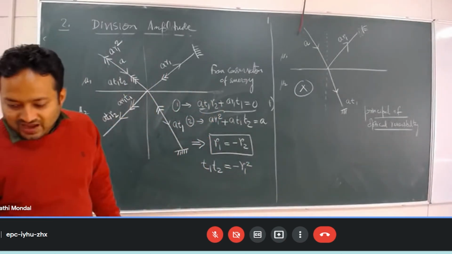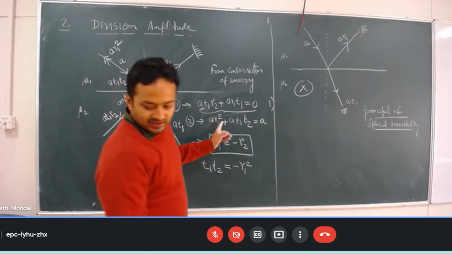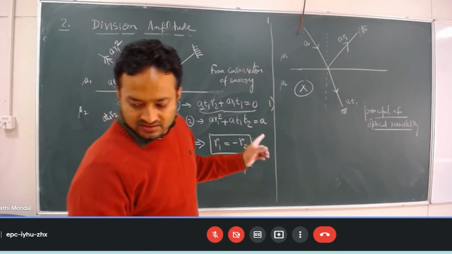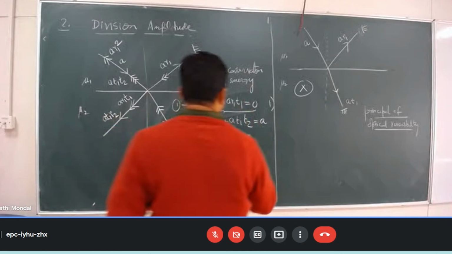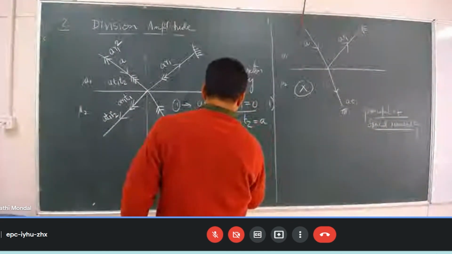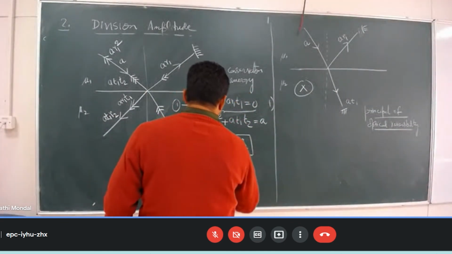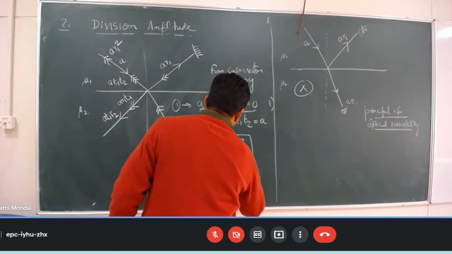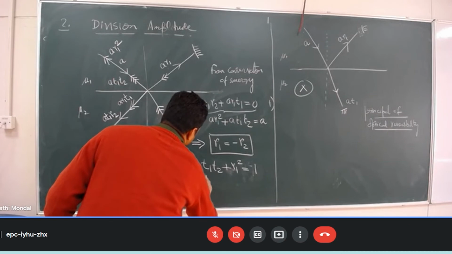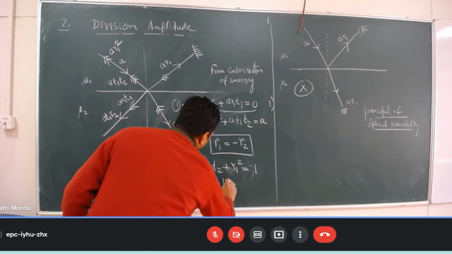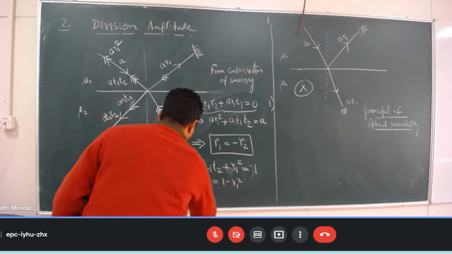Okay. So now, is T1T2 equal to A? No, it is A. So T1T2 plus R1 square equals 1. That means you will get T1T2 equal to 1 minus R1 square.